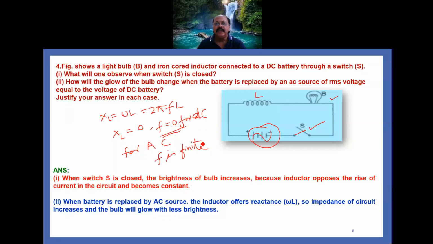So it means it offers reactance to the flow of current. So the impedance of the circuit increases, as a result of which the current decreases and the brightness of the bulb also becomes less. So again it is a very nice, concept based question.